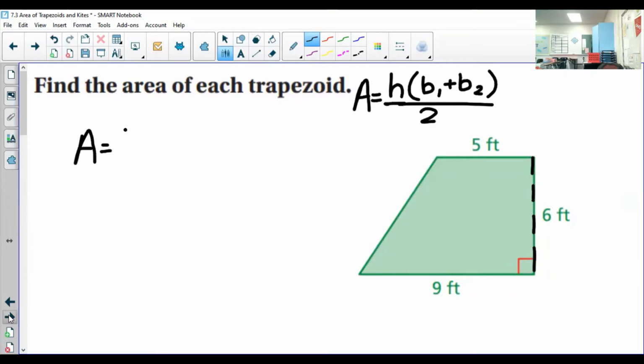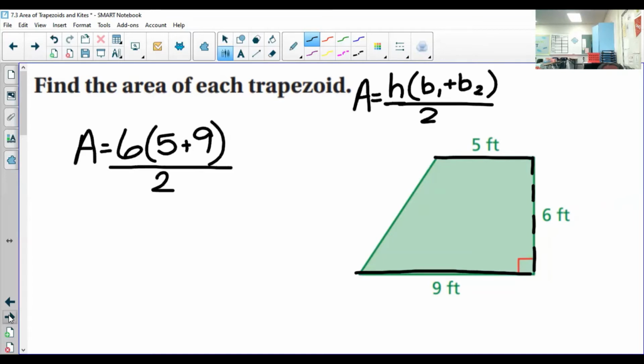So where the H is, I'm going to put 6. And then I'm going to times that by my base 1, which is 5, plus base 2, which is 9. And then we just put that all over 2.